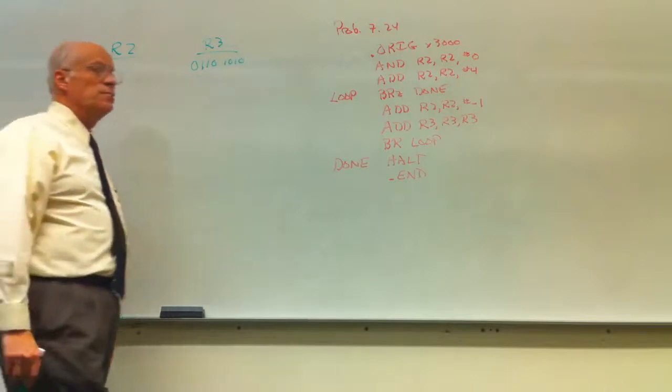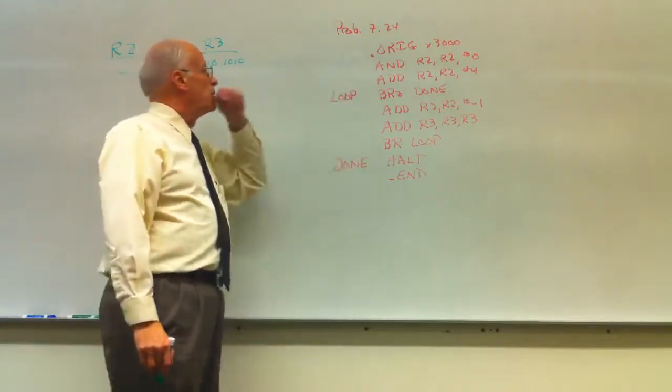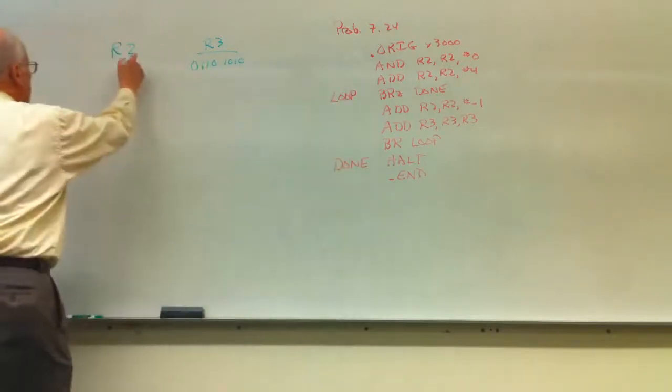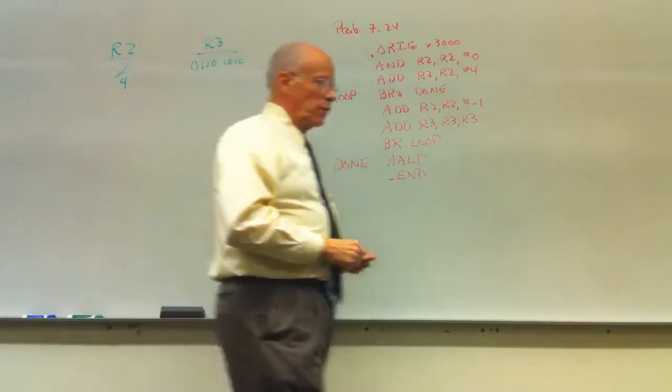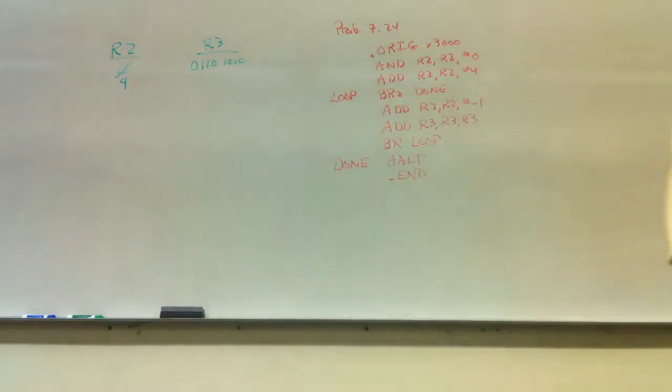Now add, that basically gets a 4 in there because we take 4 plus 0, puts a 4 in there. That could, of course, be done in a different approach, but that's okay. Now, remember that there are certain instructions that change those condition codes.